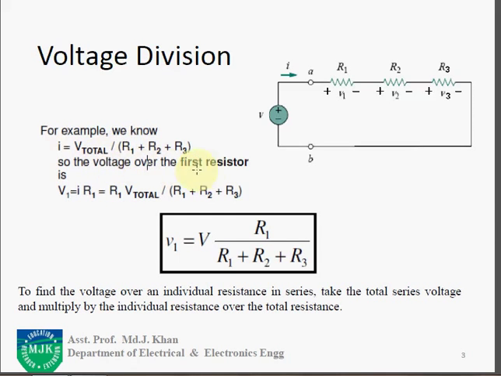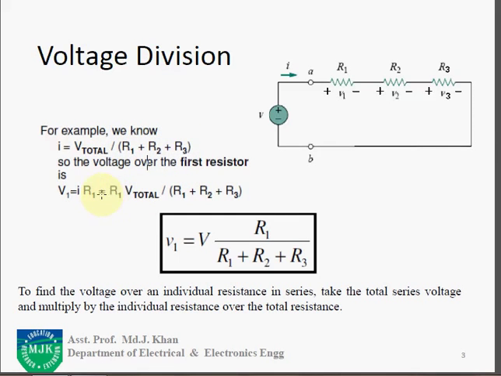So the voltage over the first resistor, V1, will be equal to I into R1. I is the main current flowing in this circuit and R1 is the first resistance. We can write in the place of I this equation: V total upon R1 plus R2 plus R3.